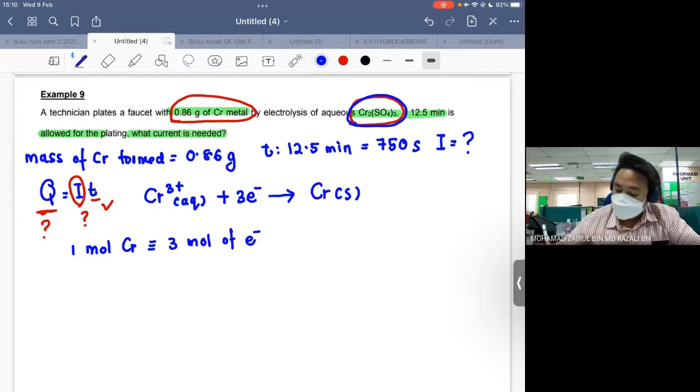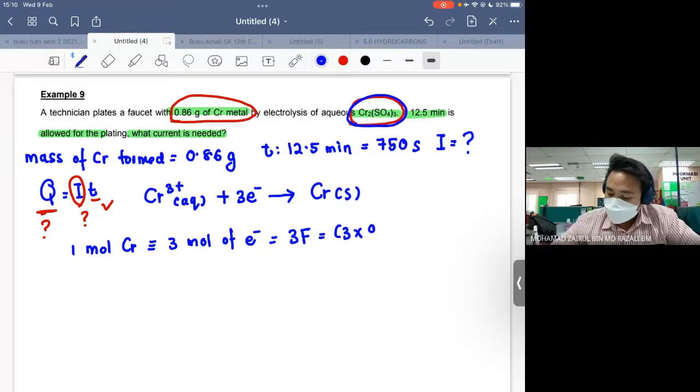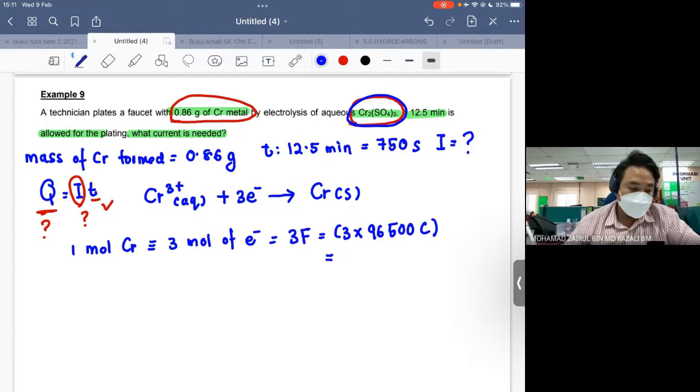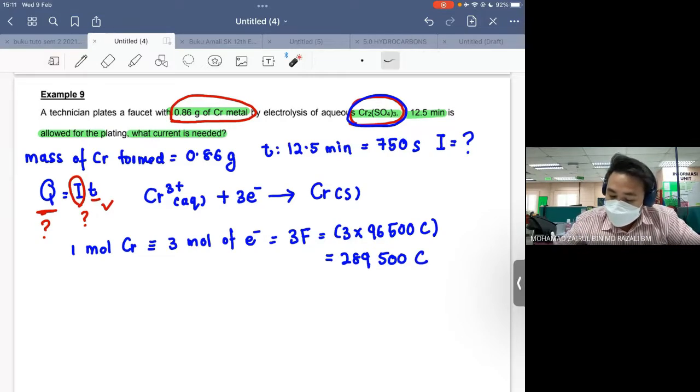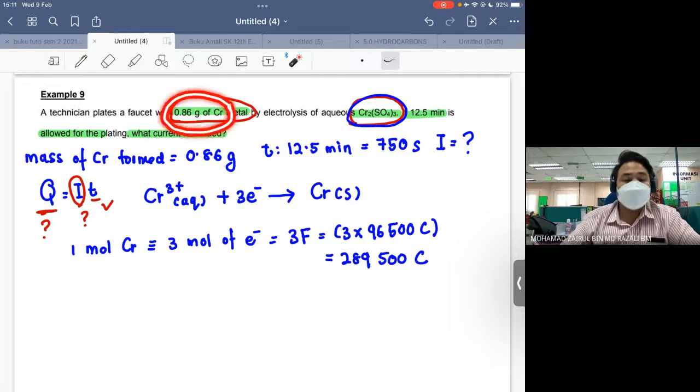Dan kita kena ingat, 3 mole of elektron bersamaan dengan 3 Faraday, sebab 1 mole elektron bersamaan dengan 1 F. So, is equal to 3 times 96,500 coulomb, is equal to, kalau awak calculate, 289,500 coulomb.